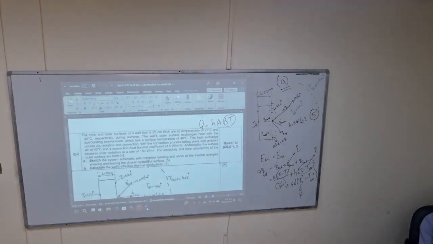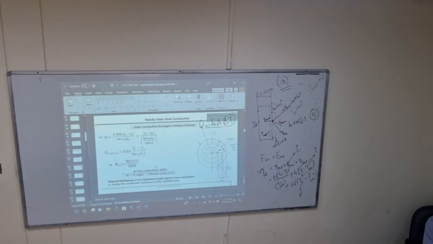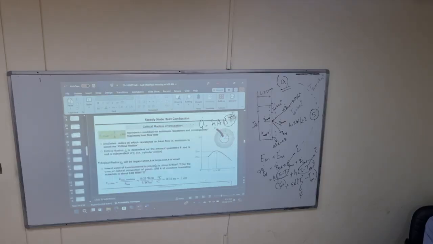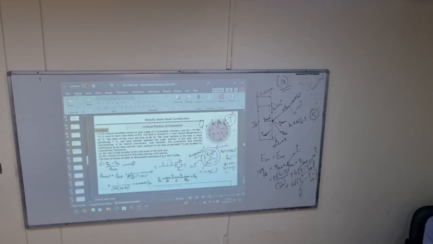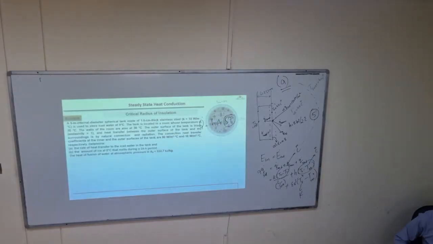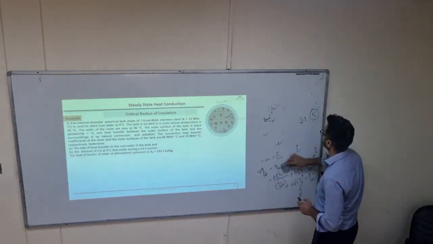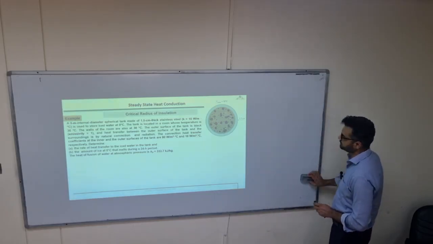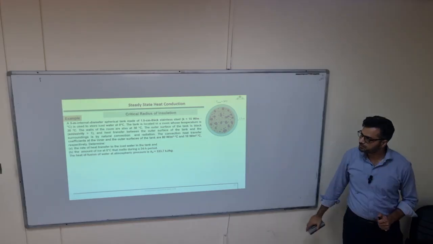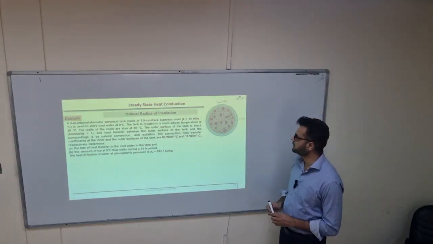Let's solve one more question from chapter 3, which we didn't solve in the class. Which one? This one. So now it's a sphere, not a wall. A 5-meter internal diameter spherical tank.